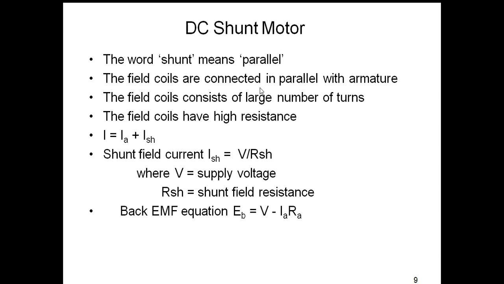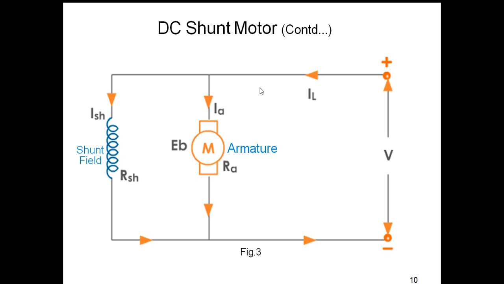And here the back EMF equation can be given as EB is equal to V minus IA RA. We can get this equation by applying KVL in the circuit.